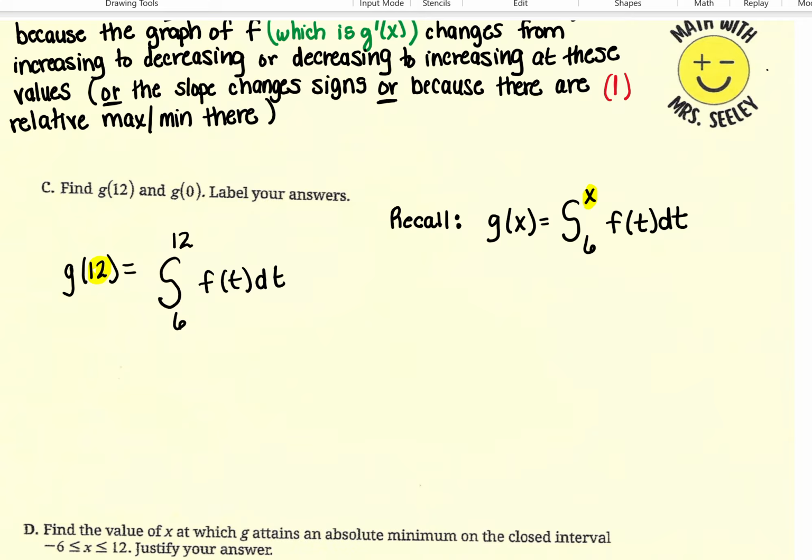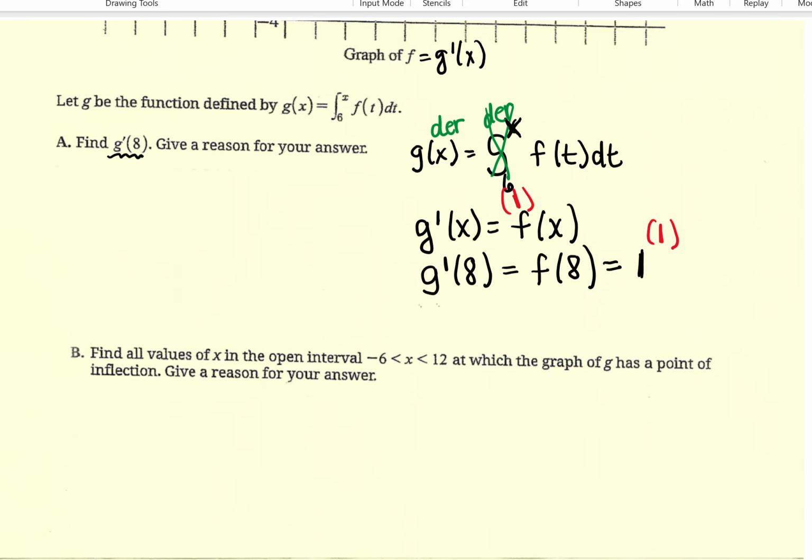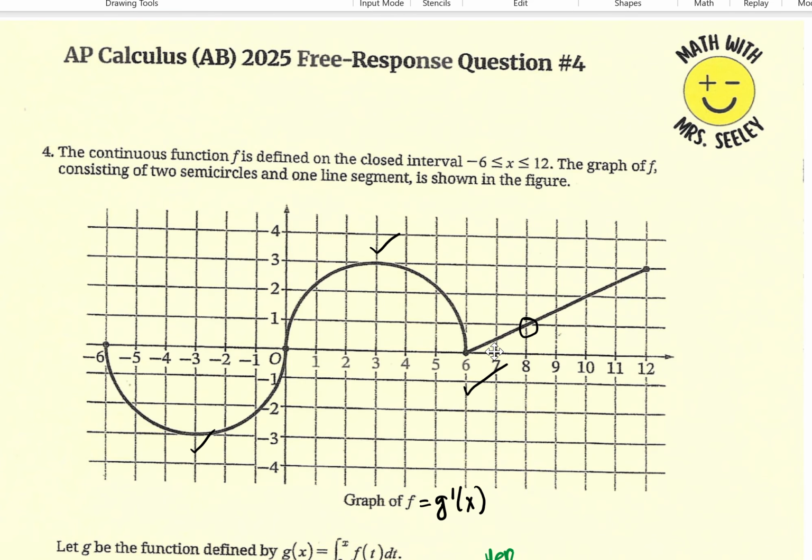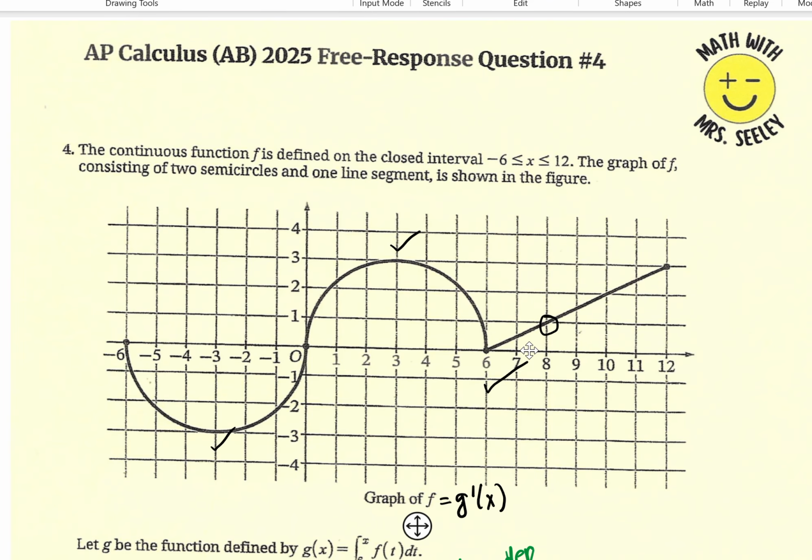Remember that the integral is just the area under the curve. That's what integral means. So I'm going to go up here to my picture and look from 6 to 12 at the area under this curve, which consists of a triangle.